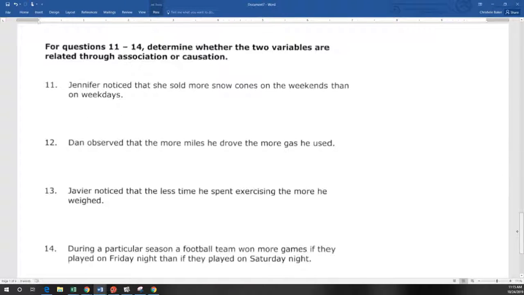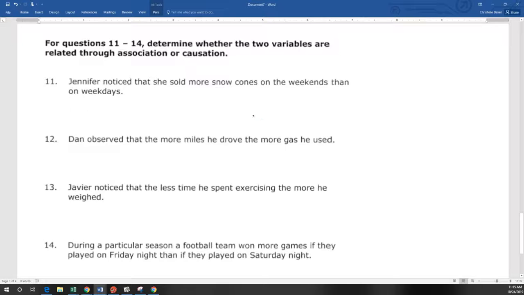Okay, last part. Association and causation. So association is that you can show that one variable and another variable have either a positive thing going on or a negative thing going on, that as one thing increases, another thing increases, or as one thing increases, the other thing decreases.